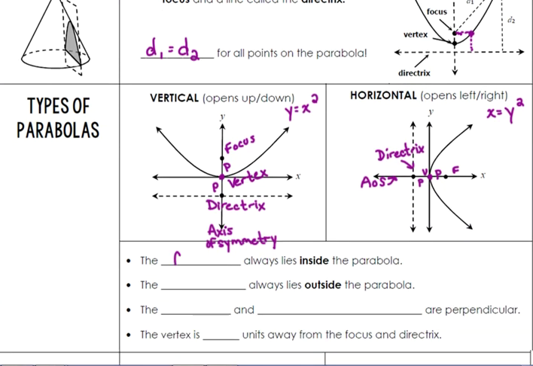The focus is always inside of the parabola, just like it was with the hyperbolas. Remember our curves with the hyperbolas, the foci were inside. The directrix is always outside. The directrix and axis of symmetry are perpendicular.